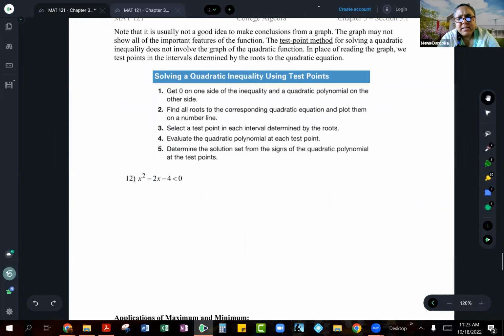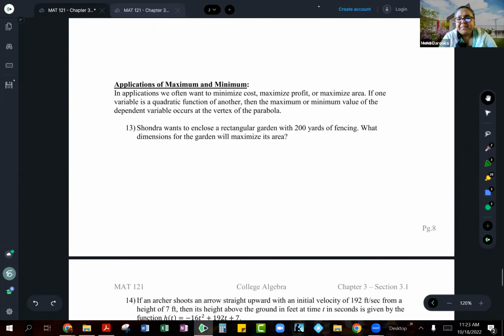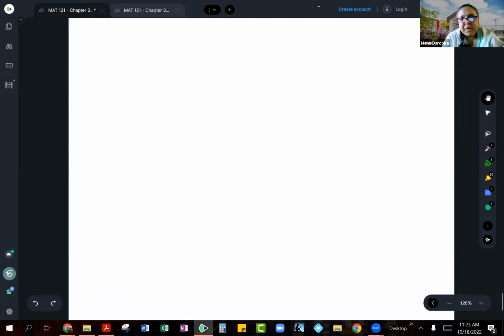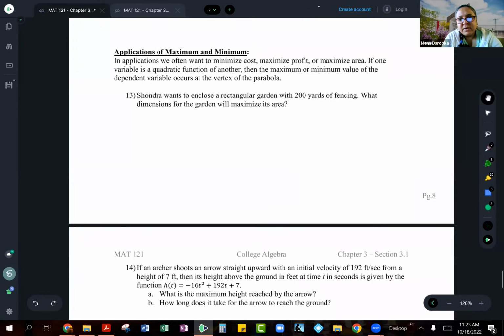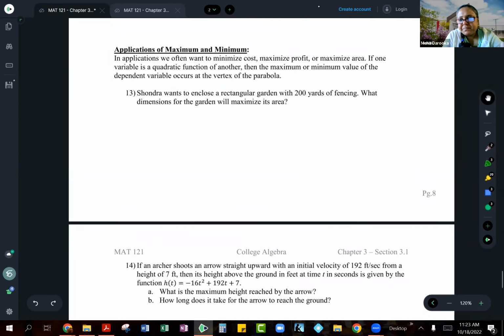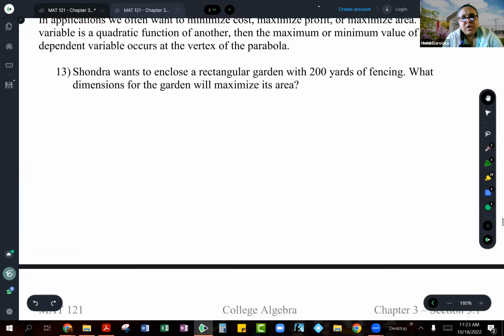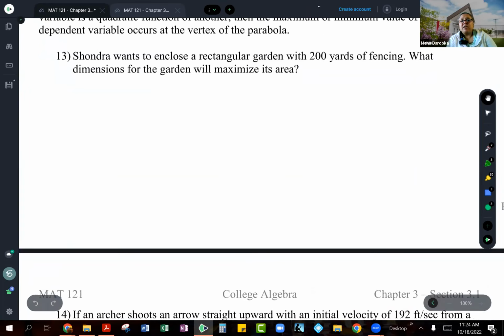So before we look at the example from MyMathLab, let's go ahead and take a look at this example. The one we'll do in MyMathLab is number 14, but number 13, let's do here from our handout. This one says Chandra wants to enclose a rectangular garden with 200 yards of fencing.